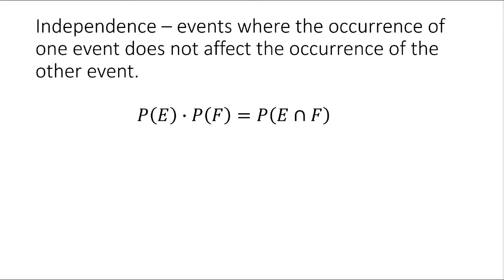All right, so independence, and this is an informal definition, but independence are events where the occurrence of one event does not affect the occurrence of the other event. So, for example, if we were to roll a die and we wanted to know what's the probability that it's a 3, well, that's 1/6.